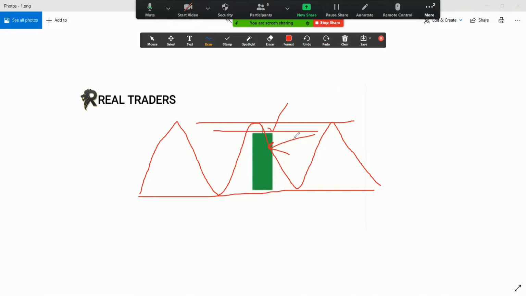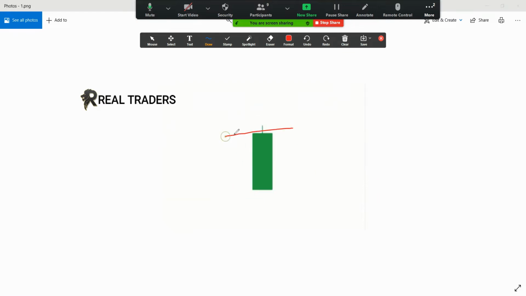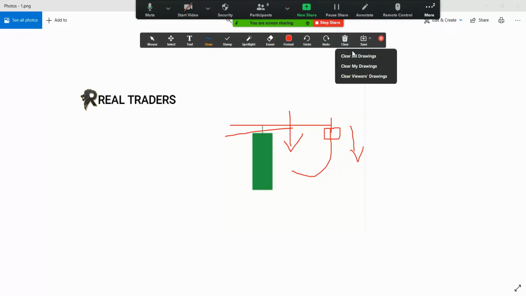Here we can expect a seller's entry because this is a ranging market, right? I told you, whenever you see the market close at the level in a ranging market, we can expect a seller's entry. In the future, again, if the market closes at the level, we can expect a seller's entry.